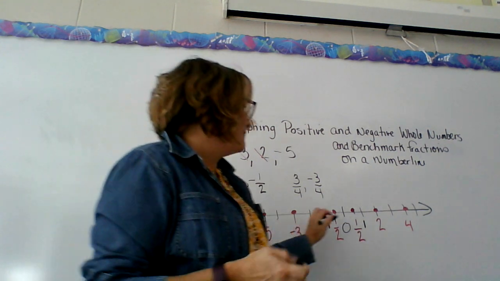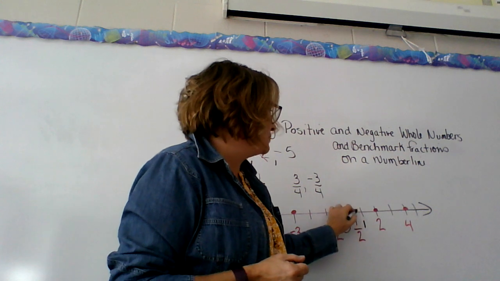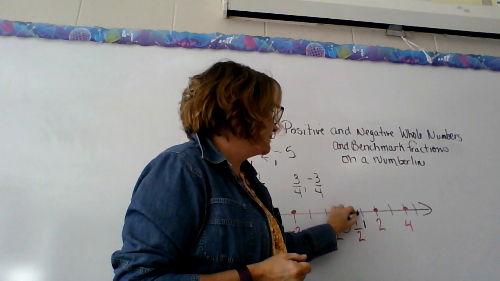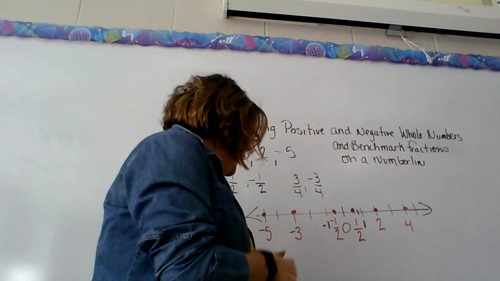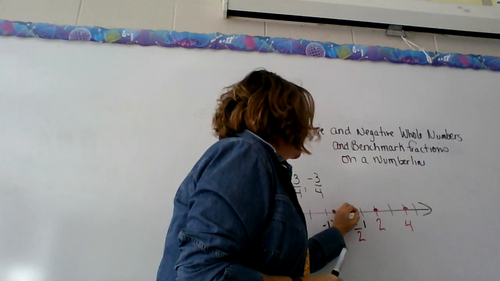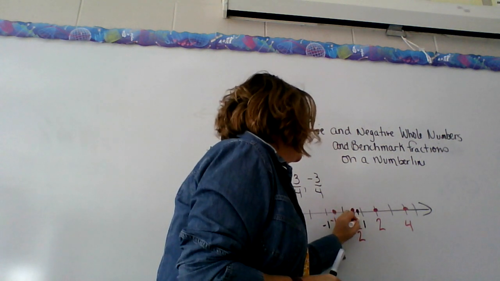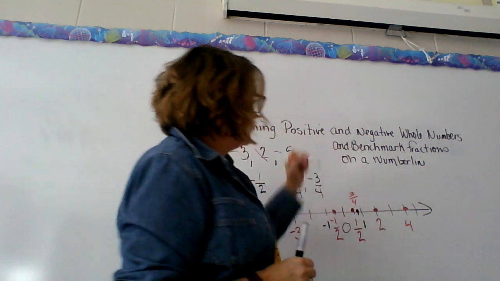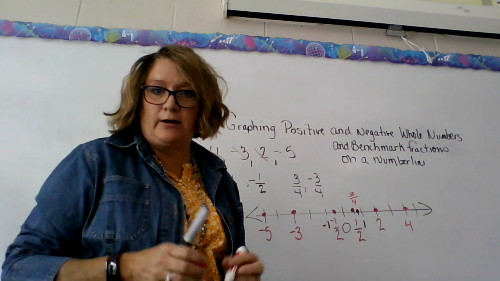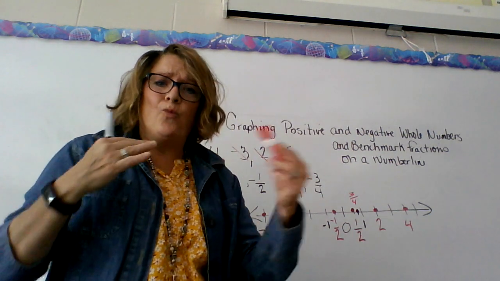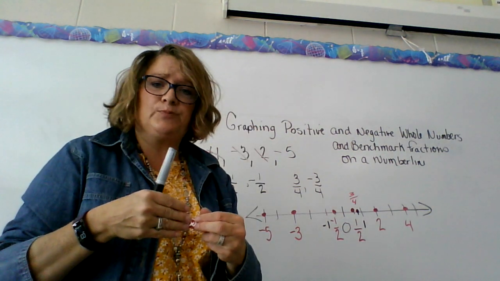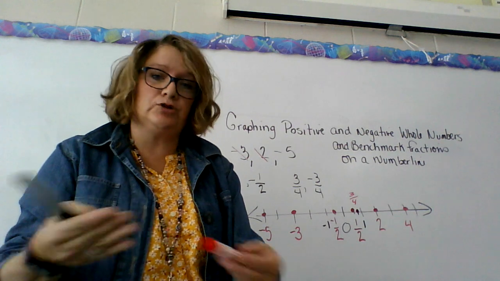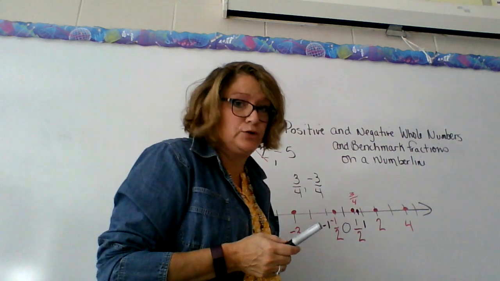So it's got to be halfway between the 1/2 and the 1. Okay? So I'm going to plot it, and I'm going to label it. And I'm going to write up here, to be honest with you, because I don't like it when I get too much stuff going on over here, and it's hard to tell which point is plotted and what number or integer that it goes to, okay?